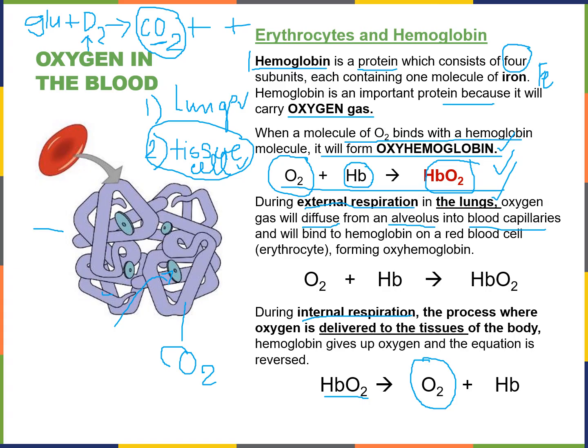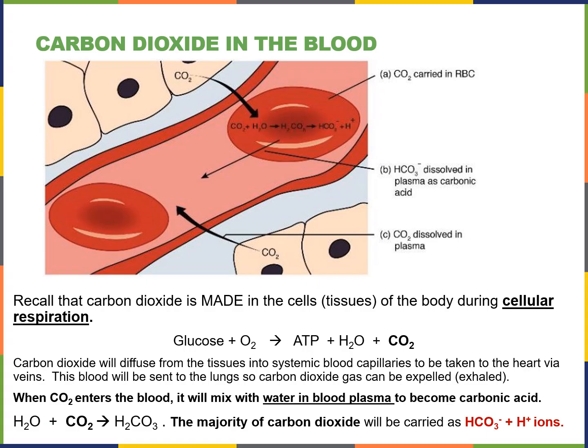So on to the next slide. Now here, we're looking at carbon dioxide. So recall that carbon dioxide is made in the cells during cellular respiration. We just went through this in the last slide.